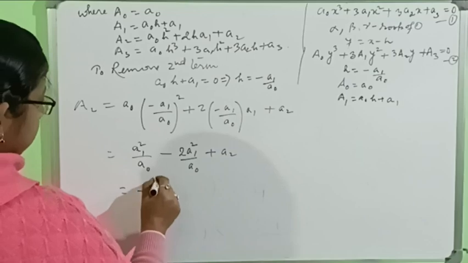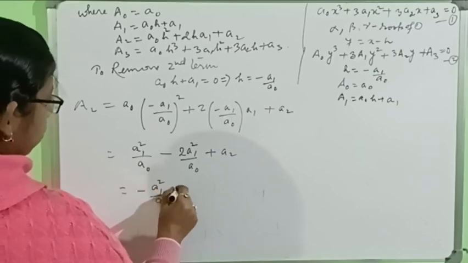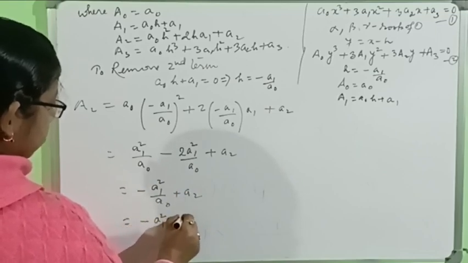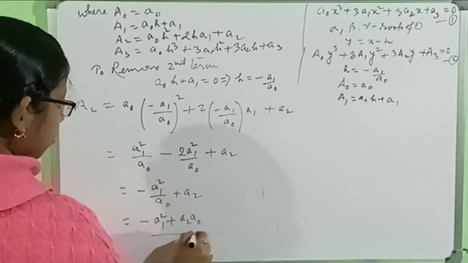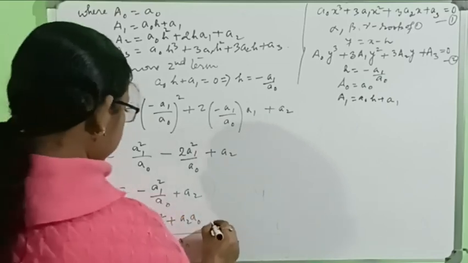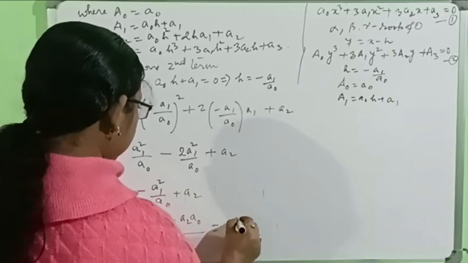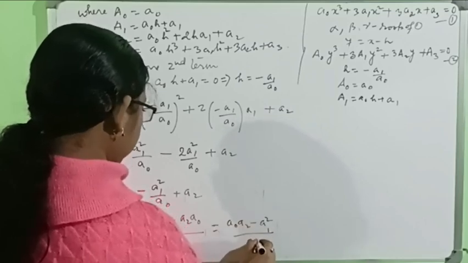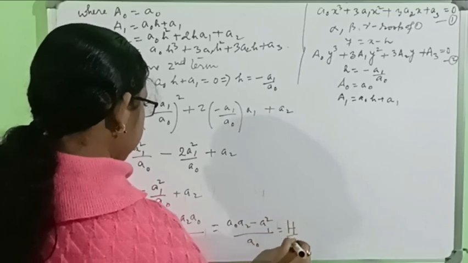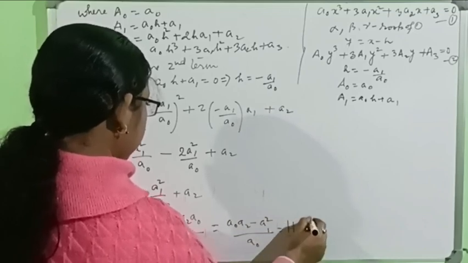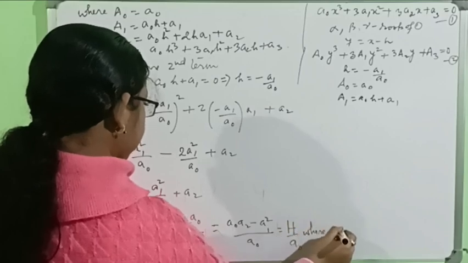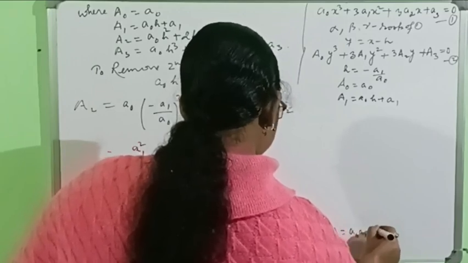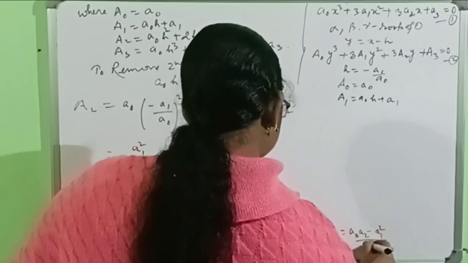So this is minus a1 square by a naught plus a2, which is (a naught a2 minus a1 square) by a naught.